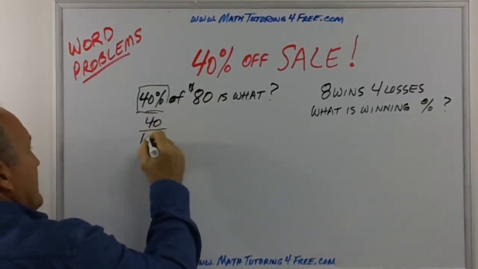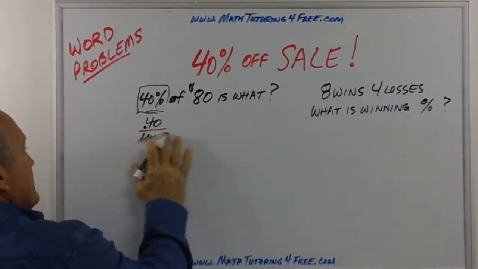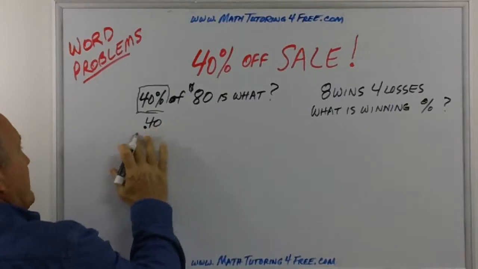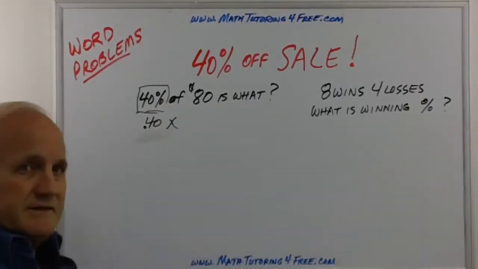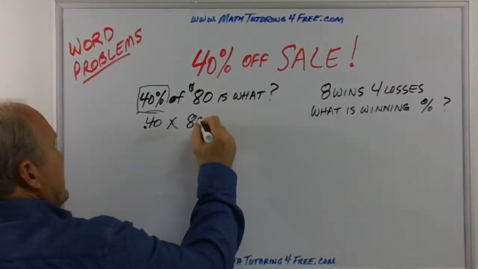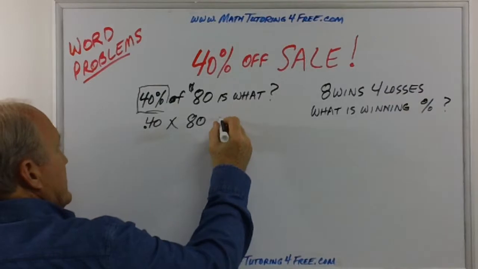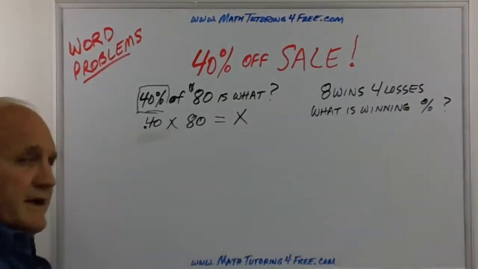So we can say 40 over 100, or we can better change that to a decimal. So 0.4 of means multiply, doesn't it? So 0.40 of 80 is means what? Equals. Equals what? We're not sure, let's call it x.